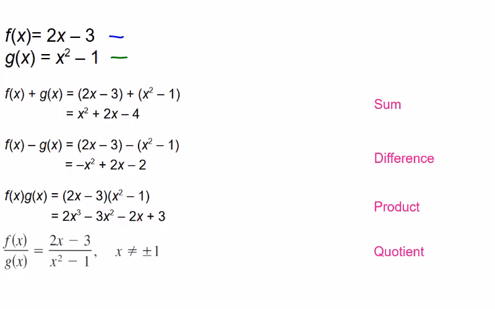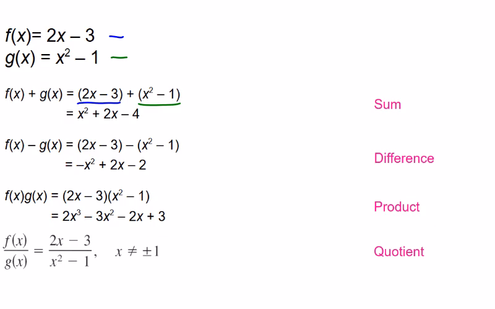And so if we're doing the sum combination here, then we would take our f function and just add it to our g function, right? So f of x plus g of x, just what you would think, 2x minus 3 plus x squared minus 1.